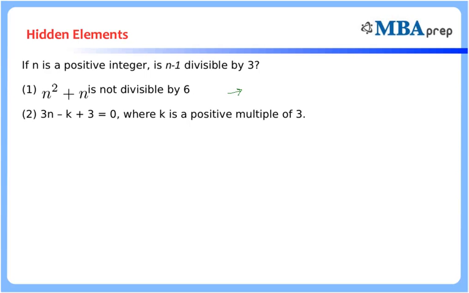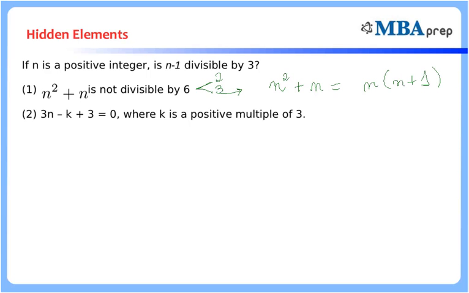Well, let's factor. Then n times n plus 1 is not divisible by 6. To be divisible by 6, the number should be divisible by 2 and 3. So if it's not divisible, you invert everything, even the and. So if it's not divisible by 6, it's not divisible by 2 or by 3.